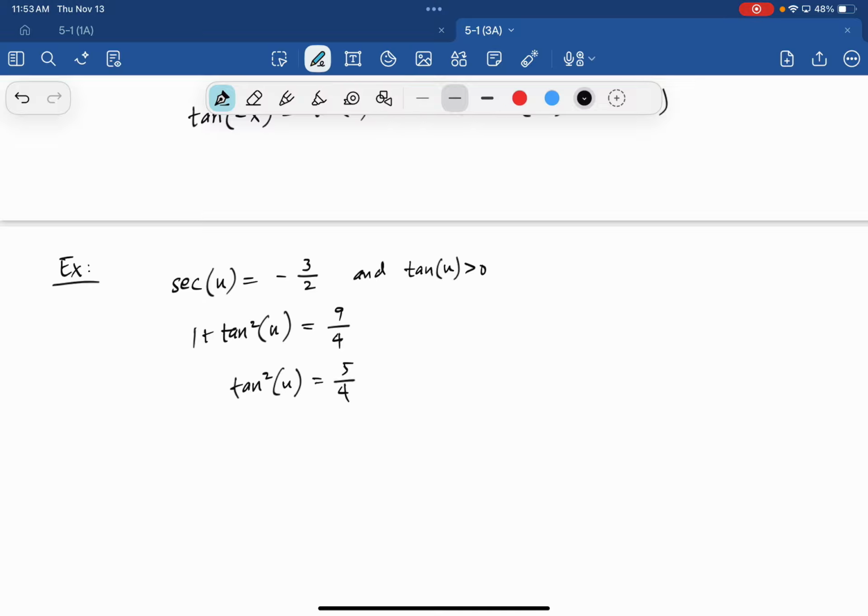Okay? Any questions? And so now we can take the square root of both sides. And because tangent is positive, we choose the positive root. So that means tangent of u is equal to √5/2. And that's one function down. 4 to go.